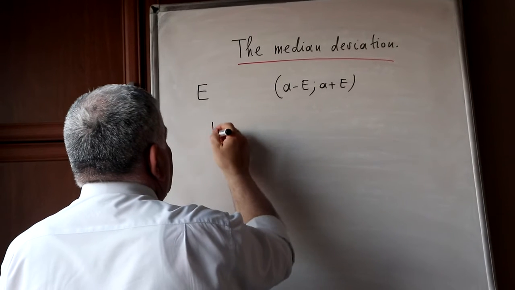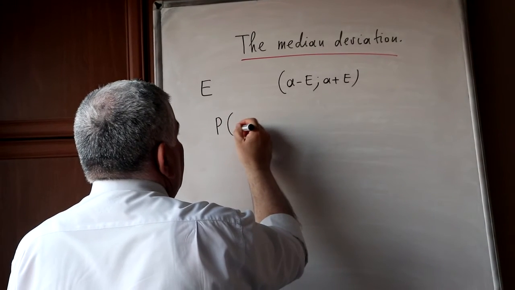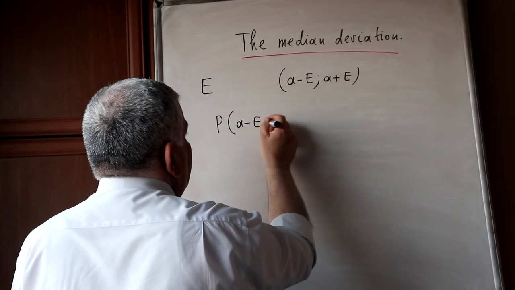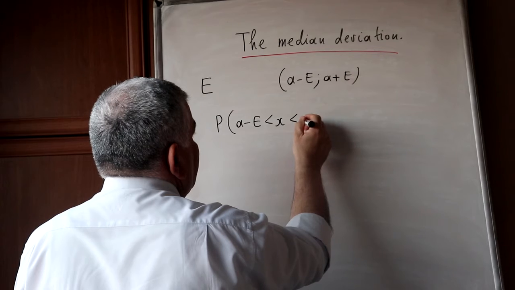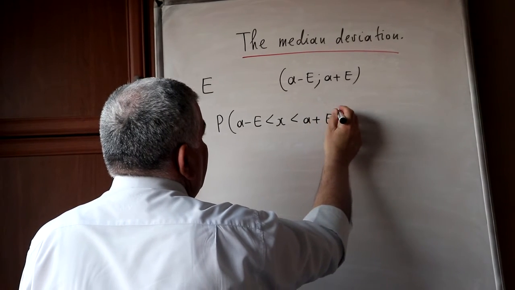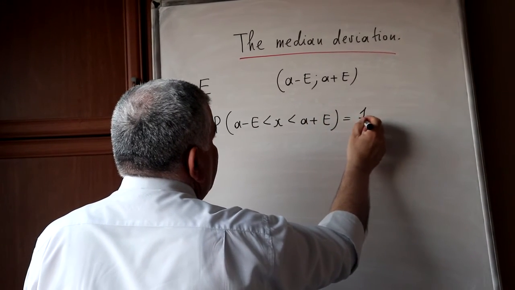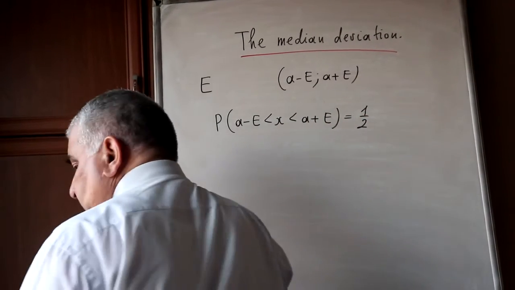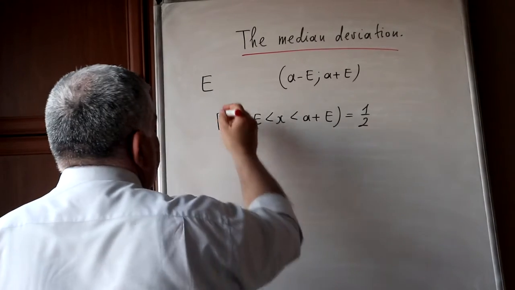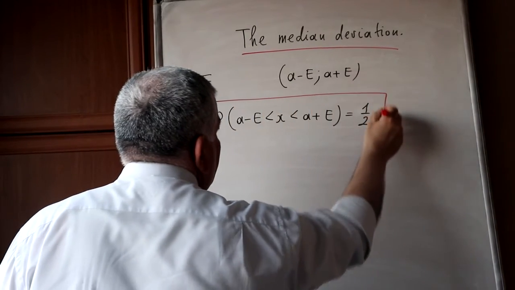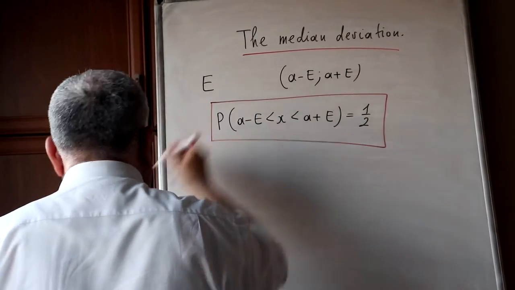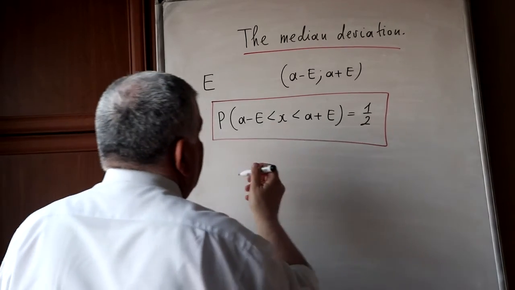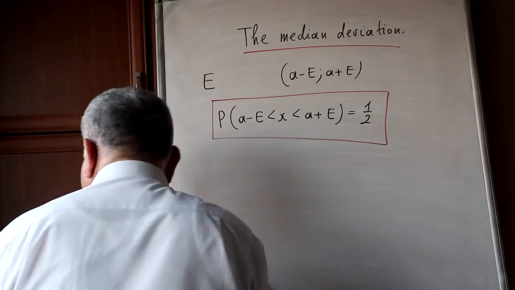That is, P that a minus E capital is less than x is less than a plus E capital is equal to 1 second. It is the definition of the median deviation. E is median deviation.